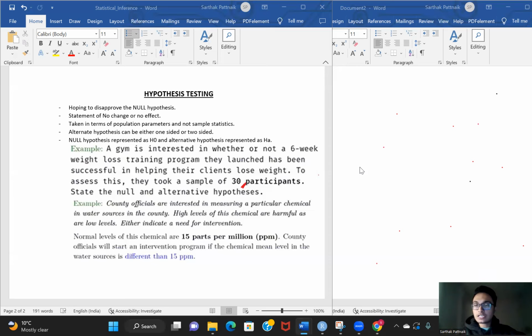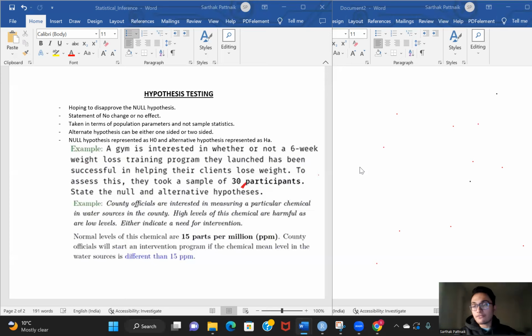Now, in hypothesis testing, we follow a set of procedures. Let me go over them one by one. First of all, we set up a null hypothesis or an initial condition. Usually, this initial condition is a condition of no change. Let me explain this through an example.